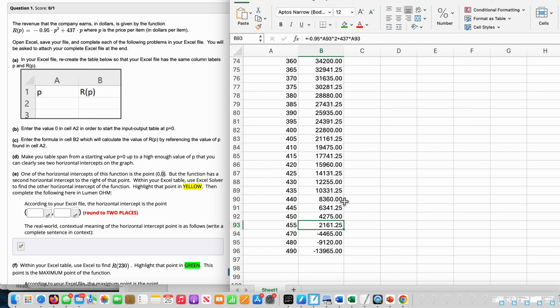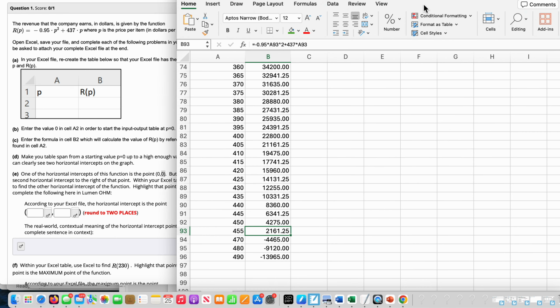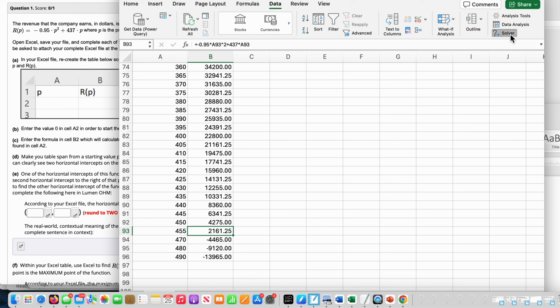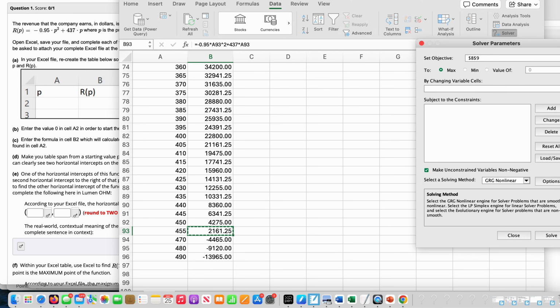So I'm going to click on this cell here. And to use Solver, I'm going to go to Data. Okay, move this over. Solver. And I always clear this cell out because it can have junk in there from a prior problem. So my objective is I want this cell here, B93, to equal a value of 0.